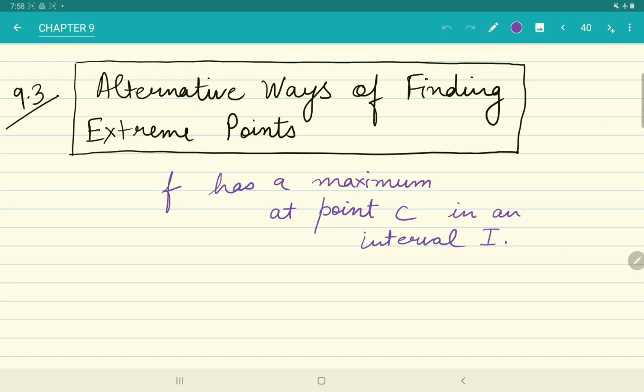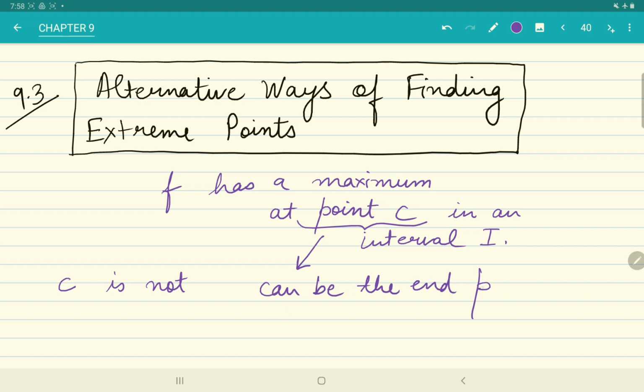Now let's suppose that this point C is not an end point. So when I write f has a maximum at point C in an interval I, point C can be the end point of the interval.